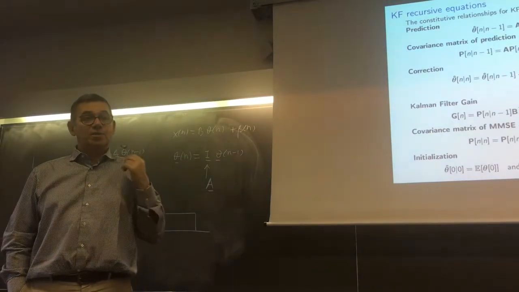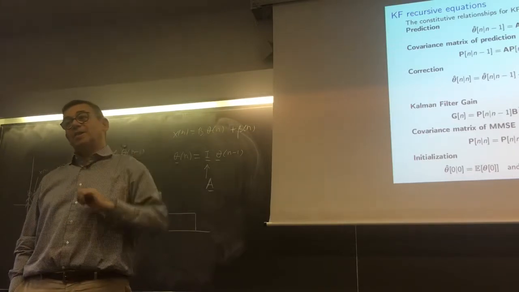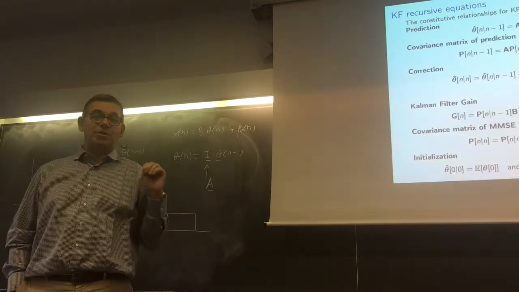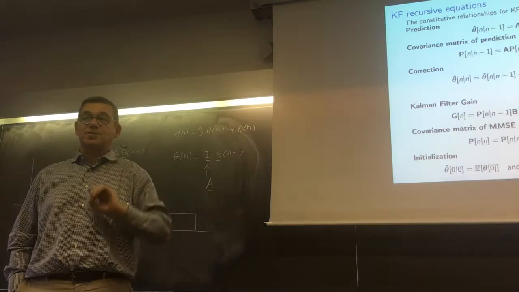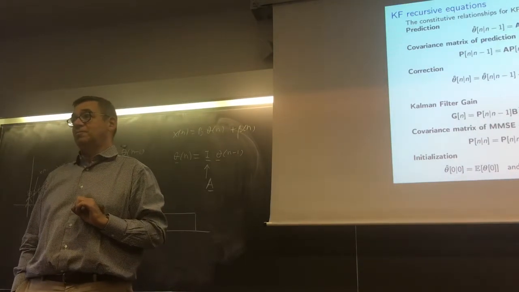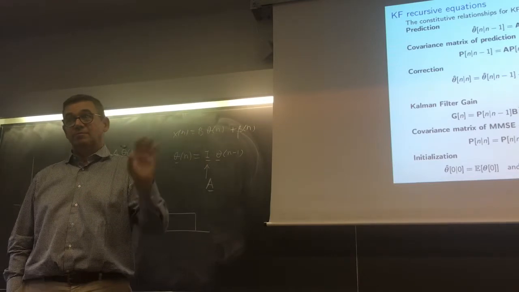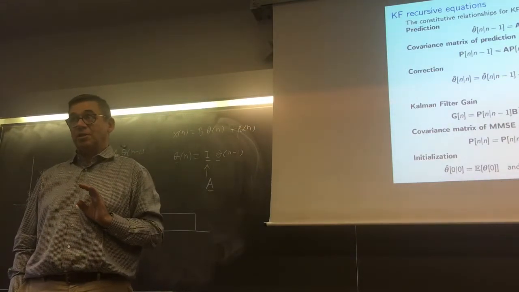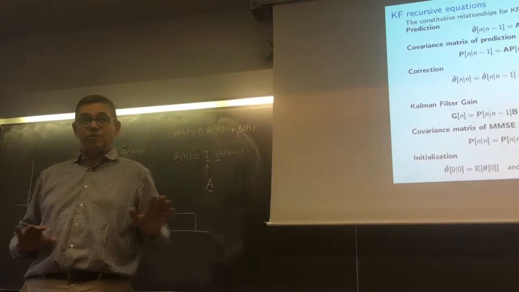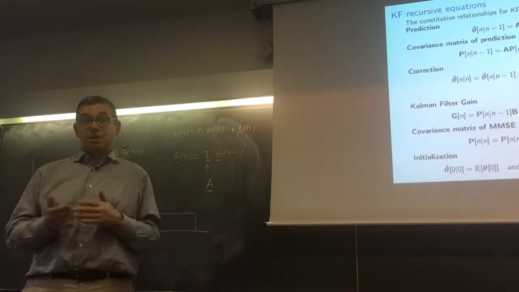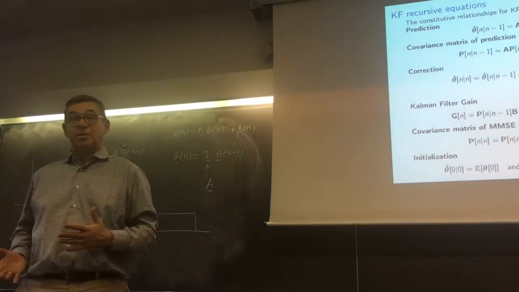Fine. So, do you expect that the Kalman filter is going to do well, or do you expect that it is doing badly? Have you understood the issue? I initialize with a uniform distribution a Kalman filter, which is expecting everything to be Gaussian.